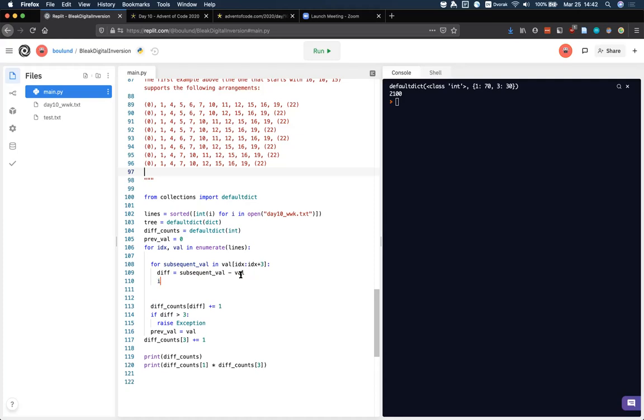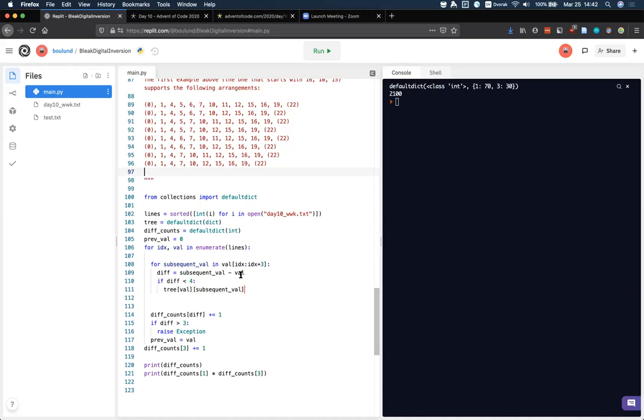And then if diff is lower than 4, we add it into the tree, right? Yeah. For value subsequent val. Something like that.